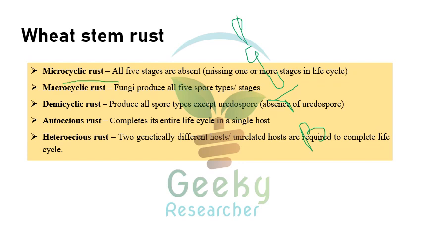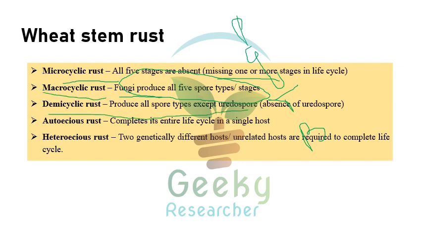Micro means not all 5 spore stages are present, maybe one stage is missing, maybe more stages also, okay. And macrocyclic means all 5 stages of spores are present in the life cycle: pycniospore, aeciospore, uredospore, teliospore, basidiospore, as I told you. So all 5 spores are present in macrocyclic.